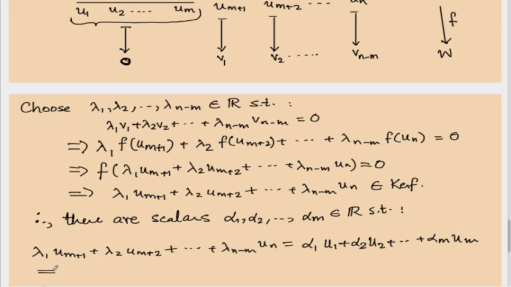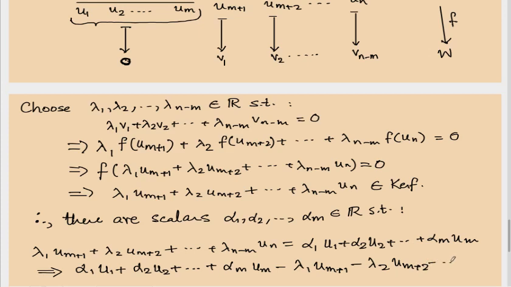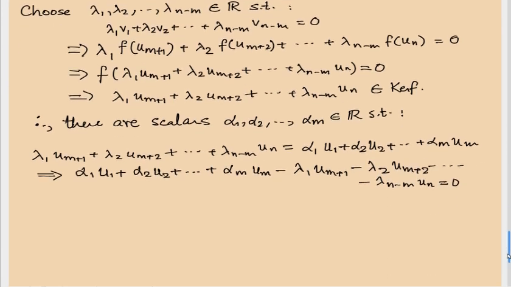is a linear combination. So in particular, you are telling me alpha 1 u1, alpha 2 u2, alpha m um, minus lambda 1 u m plus 1, minus lambda 2 u m plus 2, and so on, minus lambda n minus m u n is equal to 0. Okay.